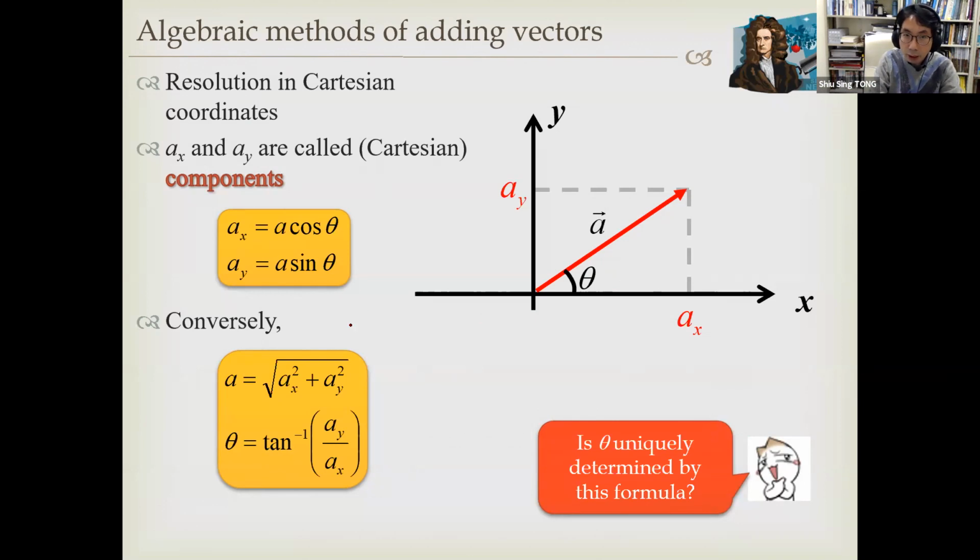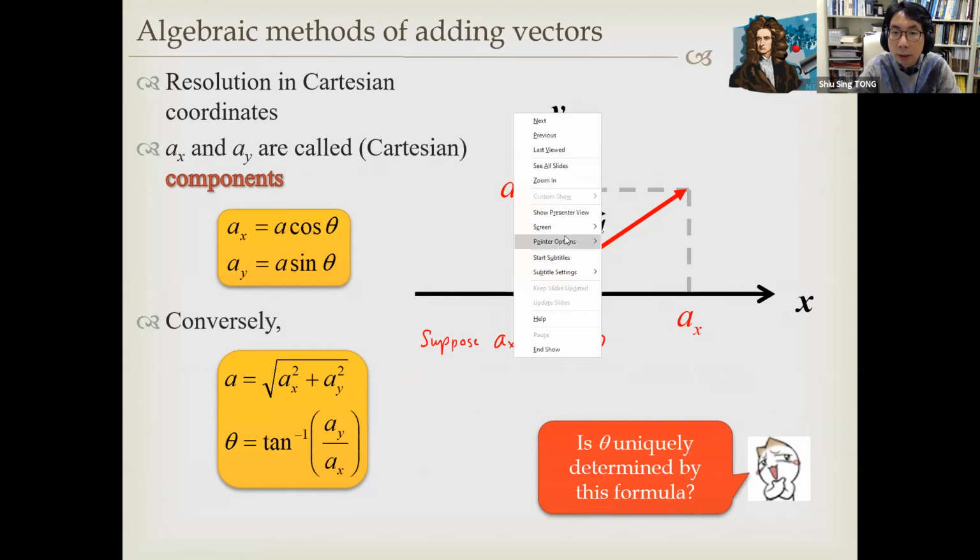Now, suppose a certain situation is that you find both AX and AY smaller than 0. Sorry, I better use my eraser.